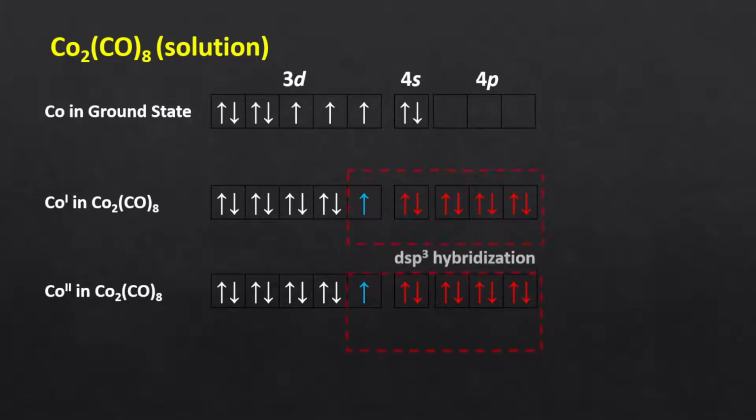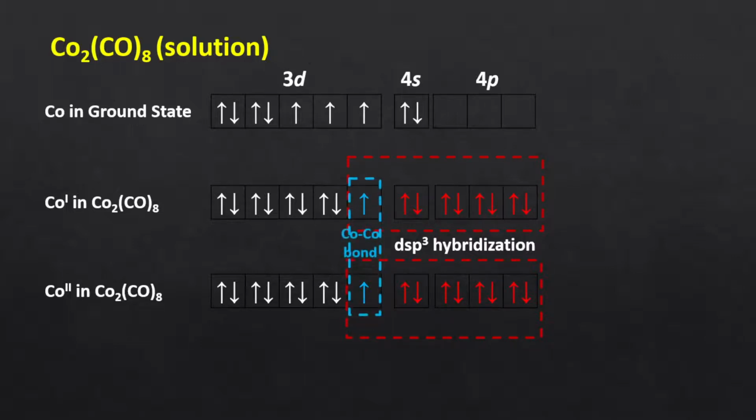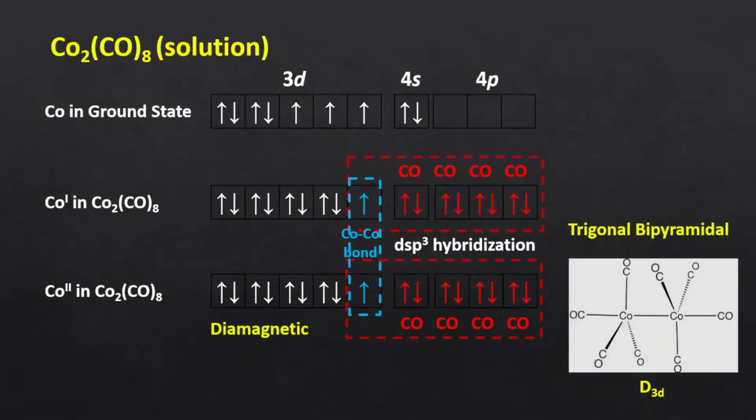The 4s orbital, 4p orbitals and the d orbital with an odd electron are hybridized to produce dsp3 hybrid orbitals. The dsp3 hybrid orbital with an odd electron gets paired with cobalt-cobalt bond formation. Each cobalt atom accepts 4 pairs of electrons from 4 carbonyl ligands in its 4 vacant dsp3 hybrid orbitals. As the hybridization is dsp3, the geometry of this complex will be trigonal bipyramidal.